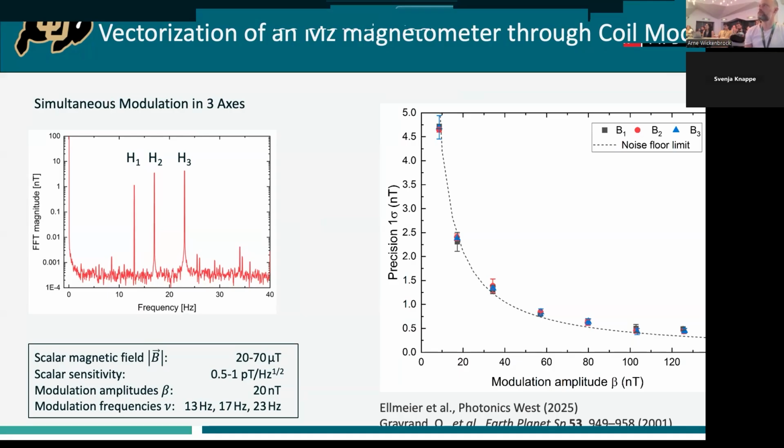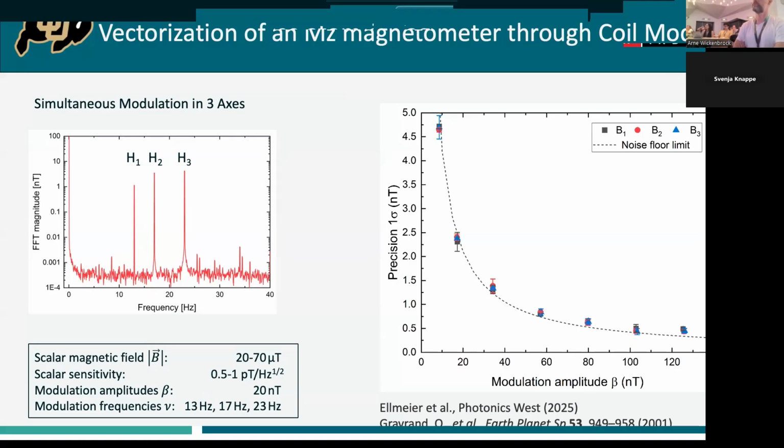The performance scales as the modulation amplitude divided by the total magnetic field, so I get better and better with higher modulation amplitudes. So I need a sensor with very high slew rate and very high bandwidth, so that I can modulate with very large amplitudes.